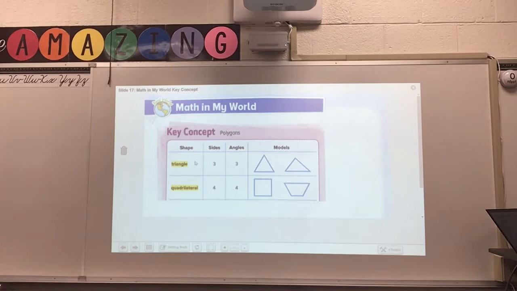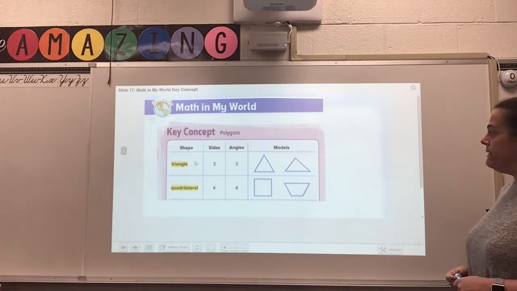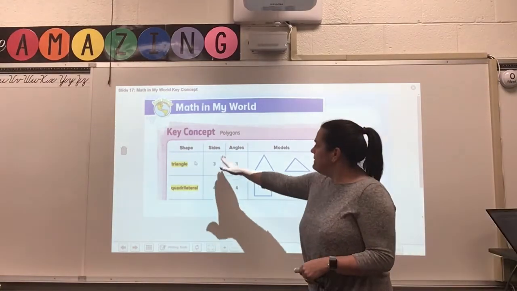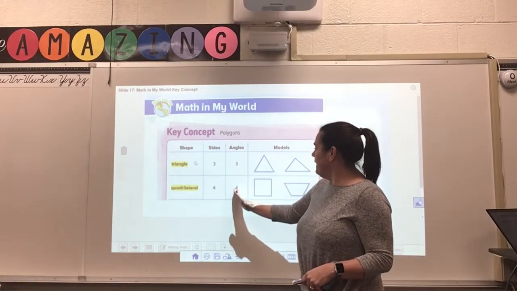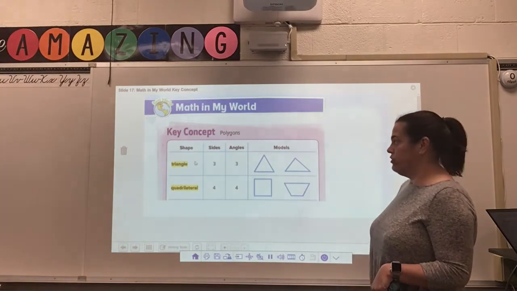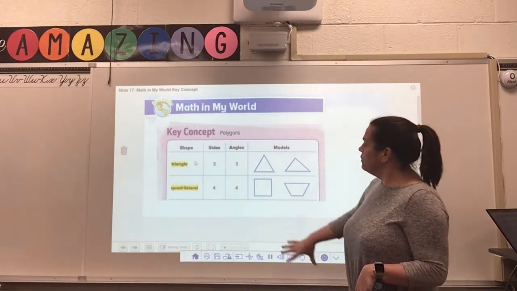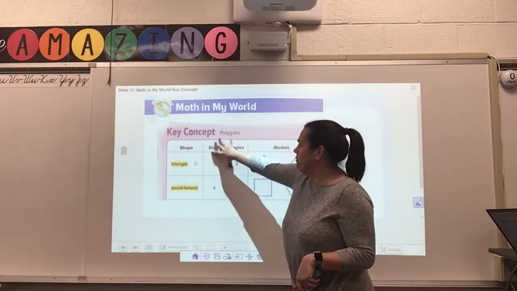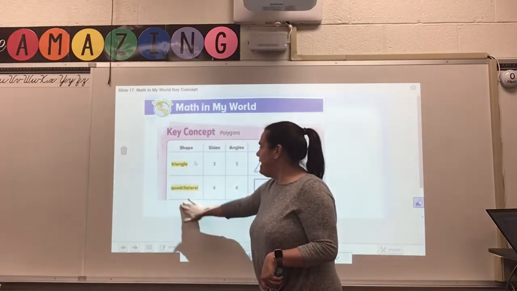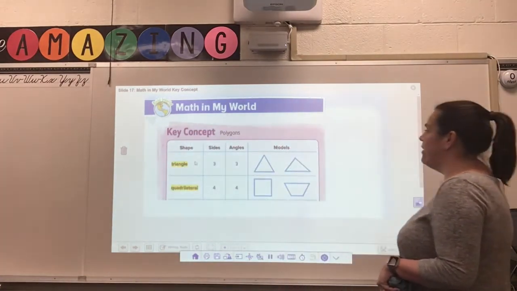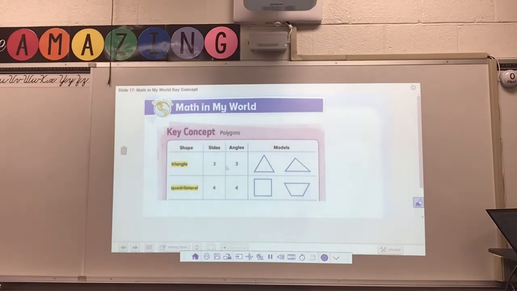And this is something that can help you. It's going to name all of those polygons that we're going to be using in the lesson. It gives us the attributes that we need, and it even shows us some pictures of what they are. So we would use these attributes so that we can name or classify the polygon it is. Okay?